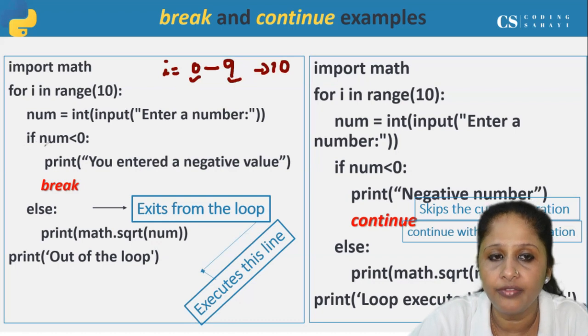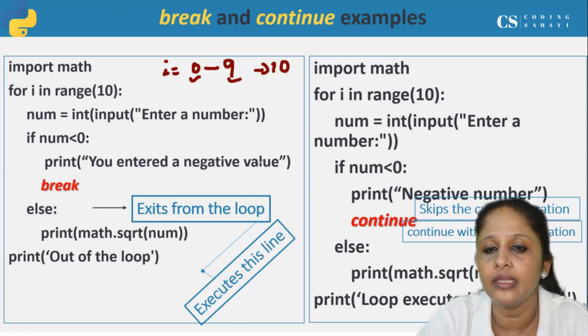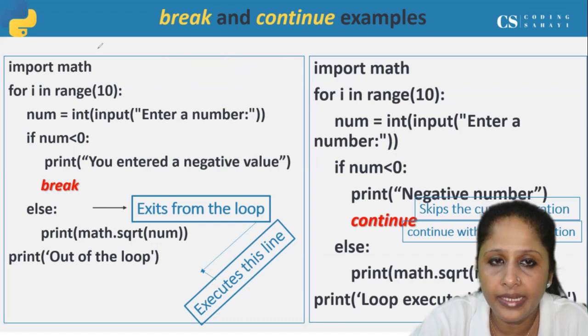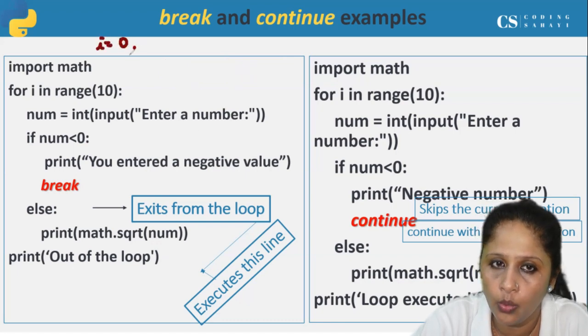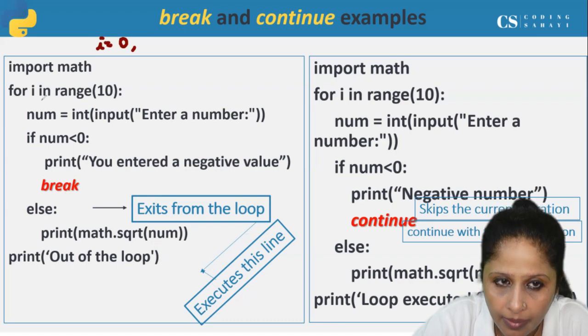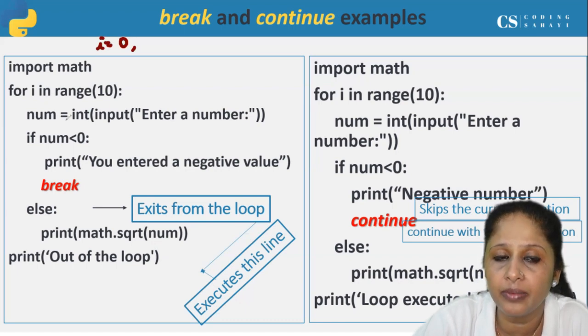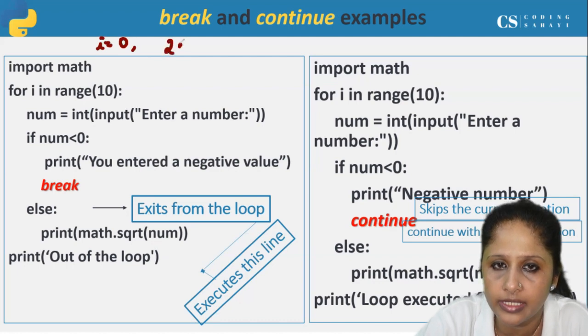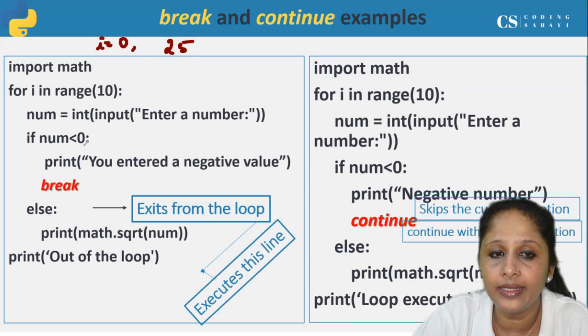Then we have if num < 0, print "You entered a negative value". For example, here i starts from 0. It comes inside our loop and the first statement is num = int(input("Enter a number")). I entered the first number as 25. Then it checks if the number is less than 0, that is, 25 < 0.